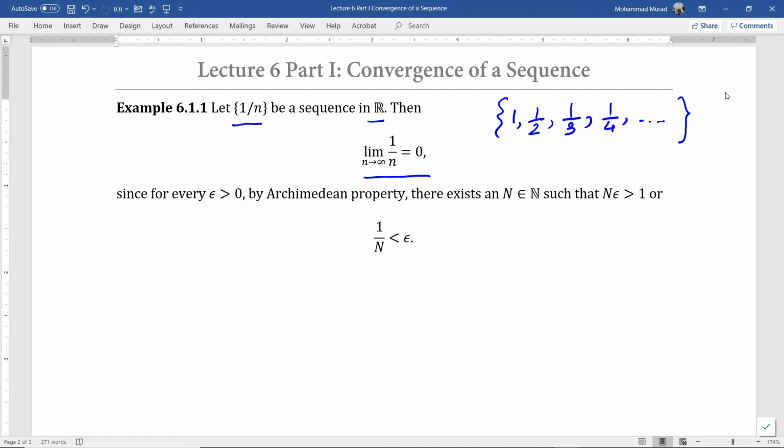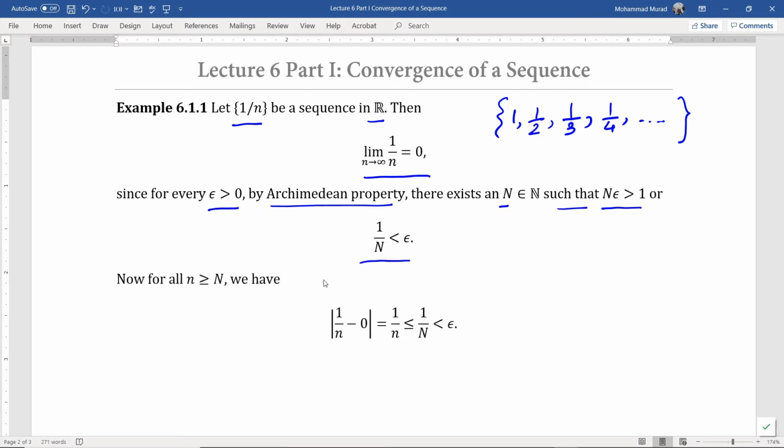Since for every epsilon, a positive real number, by the Archimedean property, there exists a natural number N such that N times epsilon is greater than 1, or 1 over N is smaller than epsilon.